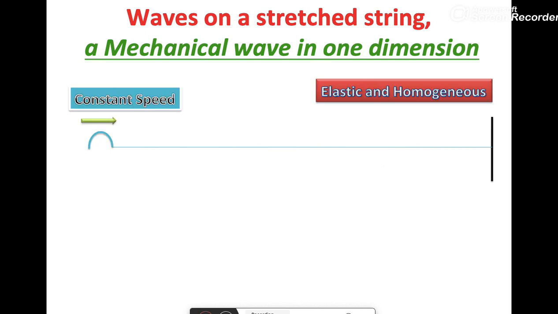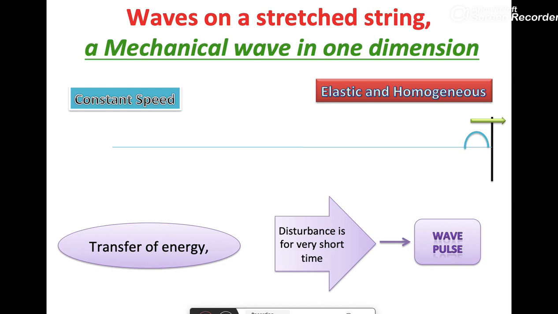Here, different parts of the string are successively disturbed, transmitting the energy from left to right. We can say that a wave pulse is passing through the part of the space.